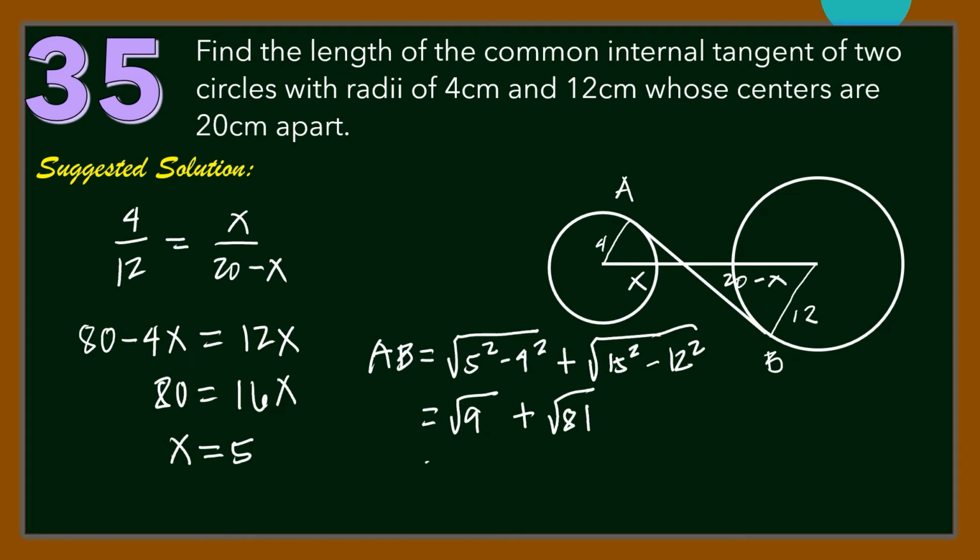Square root of 9 is 3, and square root of 81 is 9. Therefore, AB, or the common internal tangent, is equal to 12.